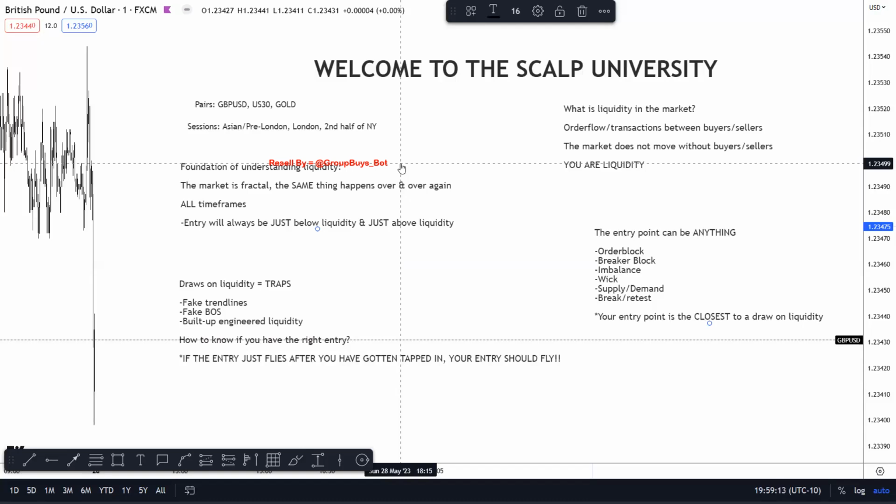The sessions that I scalp or trade would be the Asian slash pre-London session. I'm usually able to find setups nowadays before London even opens, so I start looking for setups probably an hour, maybe 2 hours before London open.